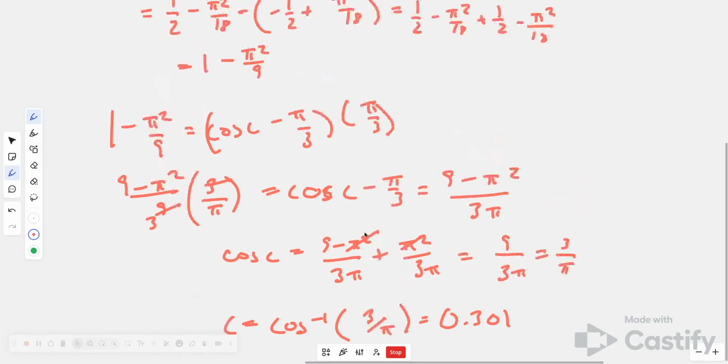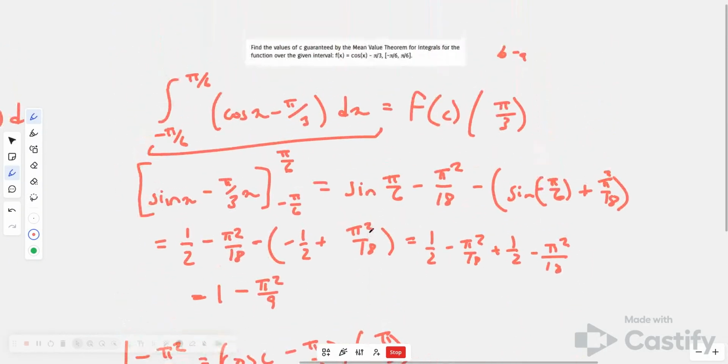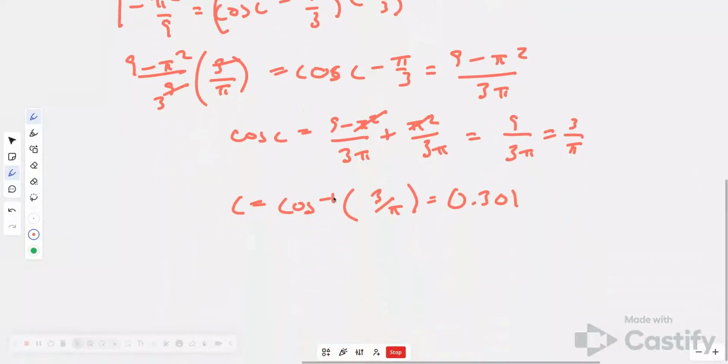But also notice how this question says find all values. So there could be multiple values of c in this case, because there are different radian values or angle values that give you the same x value of 3 over pi. So cosine is going to be positive in both quadrant 1 and quadrant 4.